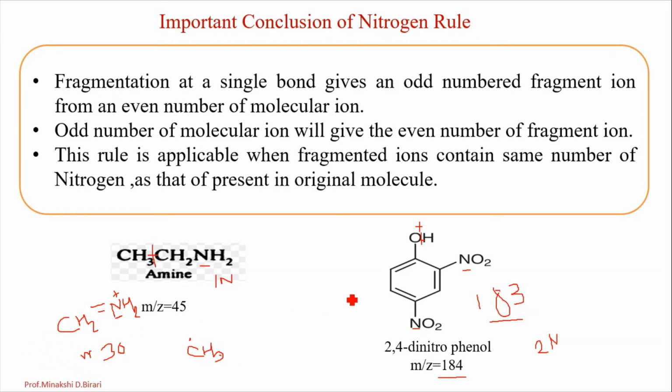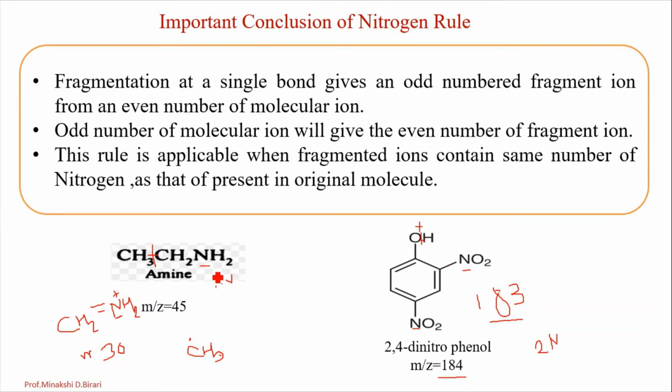So in these two examples, we get that whenever fragmentation occurs at a single bond, it gives an odd numbered fragment ion from an even numbered molecular ion, and an odd numbered molecular ion will give an even numbered fragment ion.